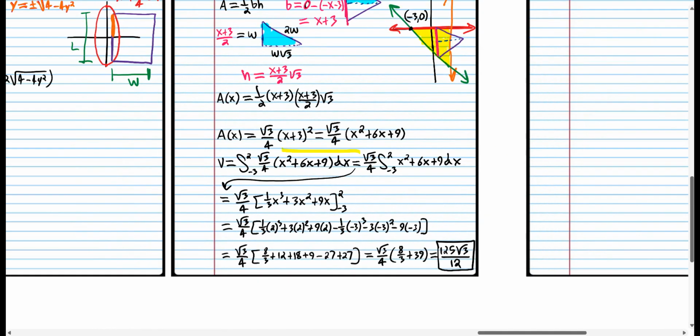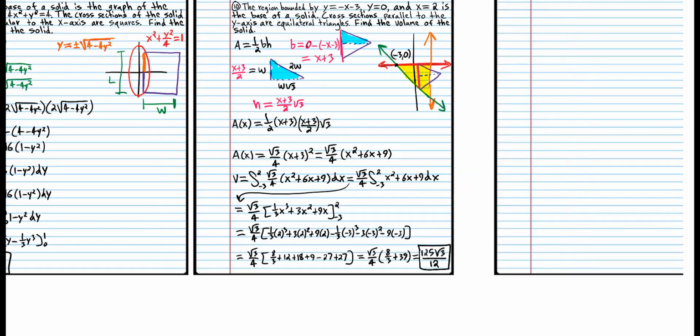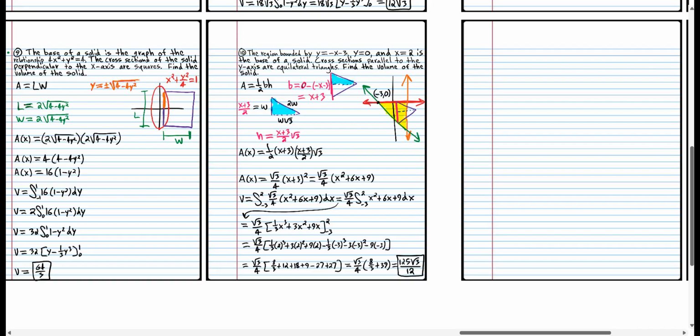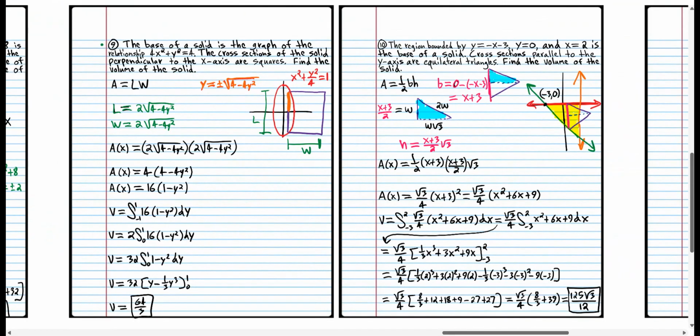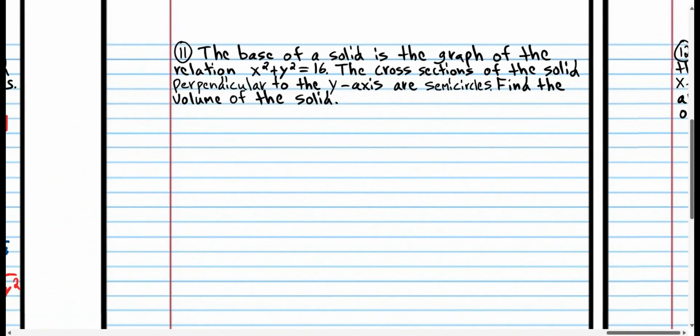Now you could have kept your expression as x plus 3 squared, but then you would have to do a u substitution. The arithmetic would be a lot easier then, but you would have to use a u substitution. So if you got that right, excellent. Now get a picture of these two problems and try number 11.